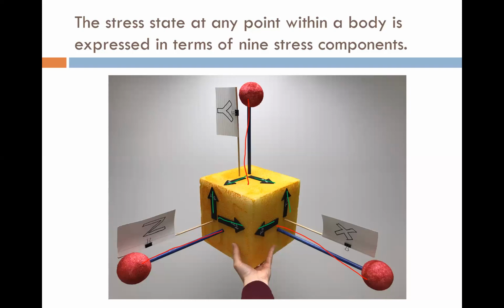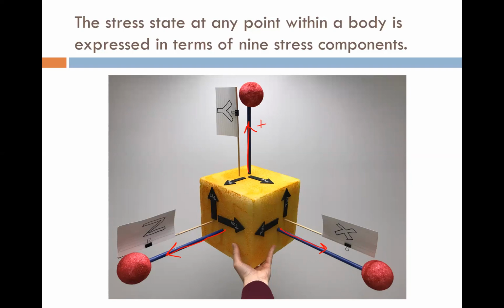It's extremely important for us to keep in mind sign convention when we're looking at stress components. For the normal stresses, if a stress is directed away from the face, that's what we consider positive. So if the stresses are like so, these are positive.